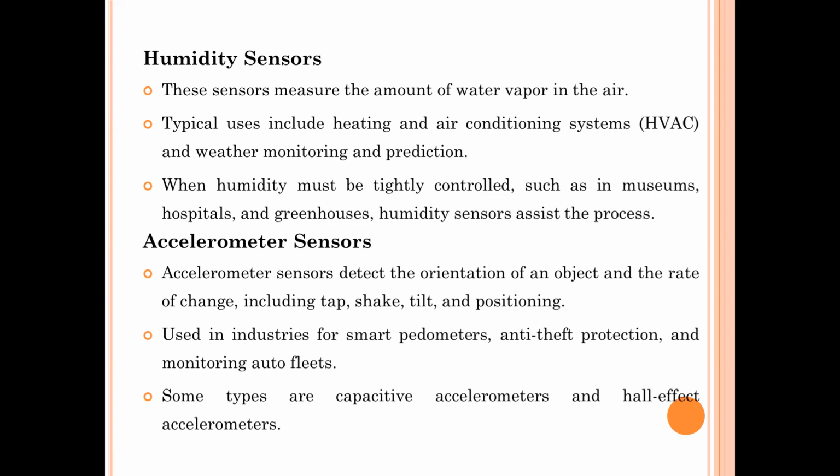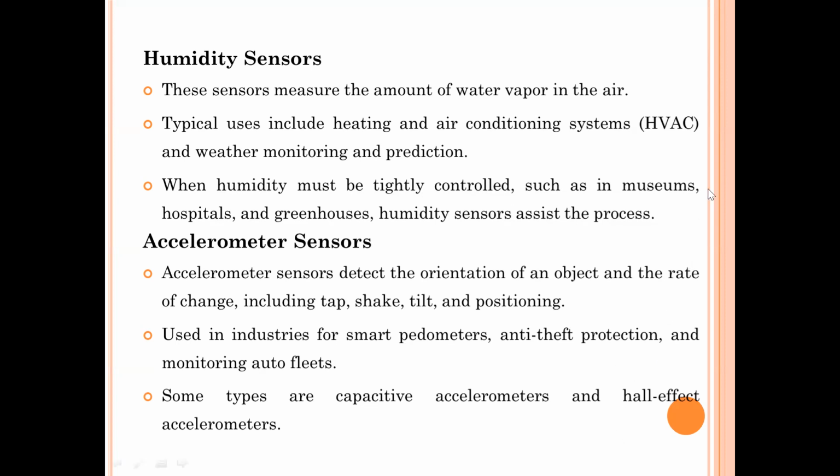The fifth one is the accelerometer sensor. This sensor helps detect the orientation of an object and the rate of change in its orientation, like a tap, shake, or tilt.